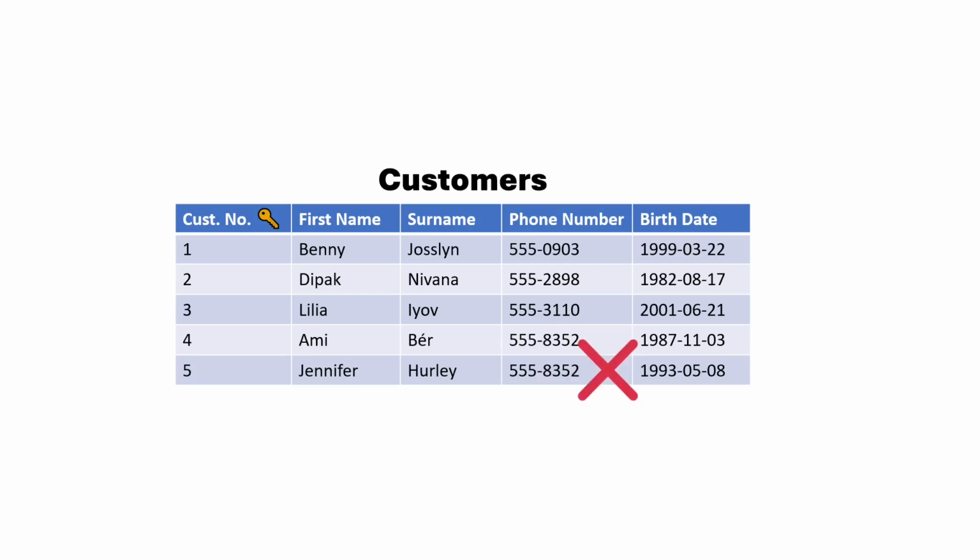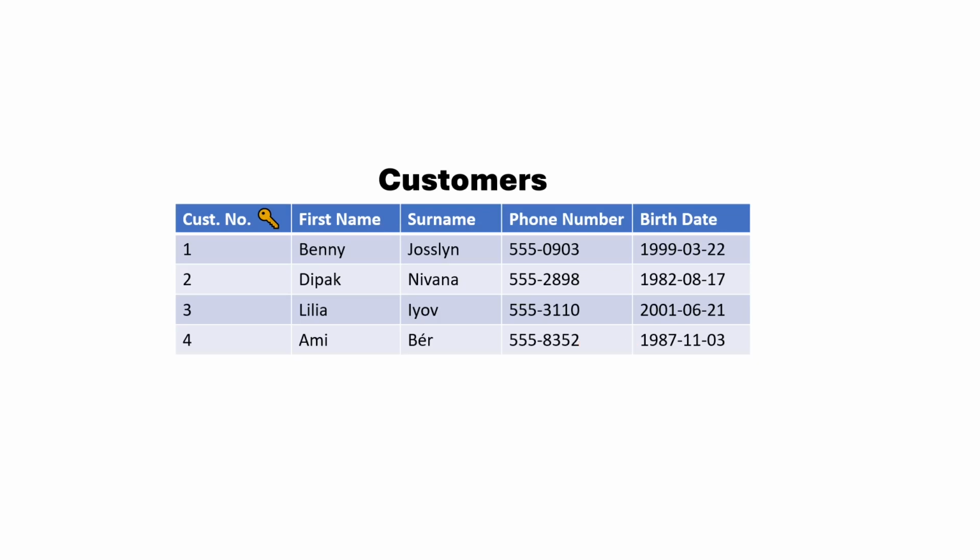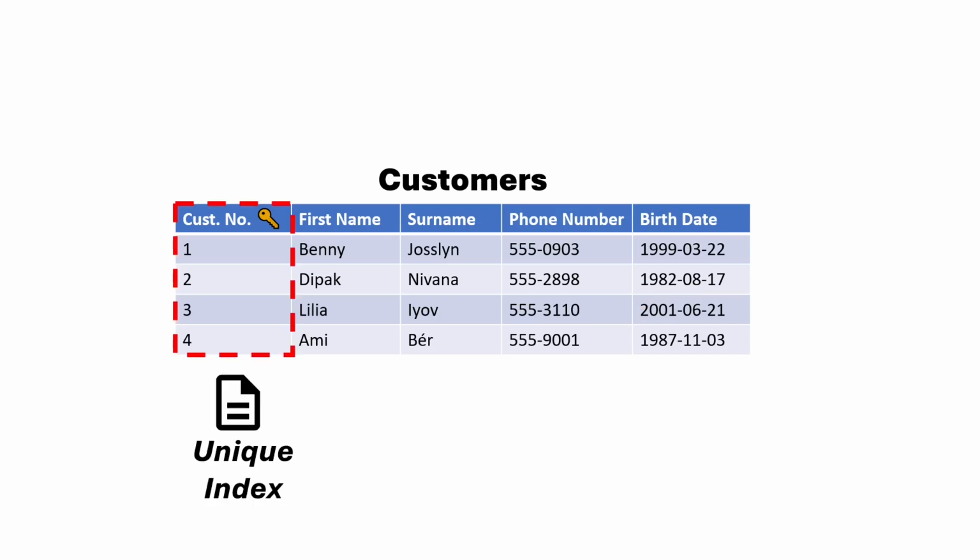Here, the database would also prevent us from creating such a record. It would further double up as a way to identify a customer by their phone number, with the advantage that it can be changed later, unlike the primary key. Note that the primary key on a table is in fact also a unique index, with the difference that its values cannot subsequently be changed.